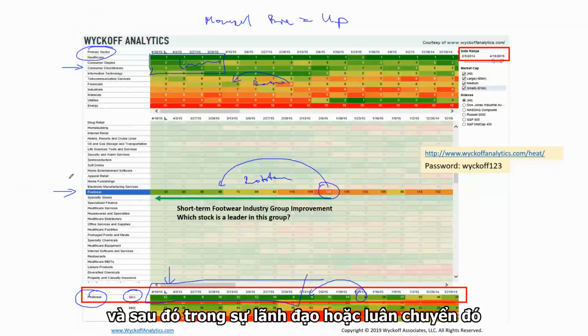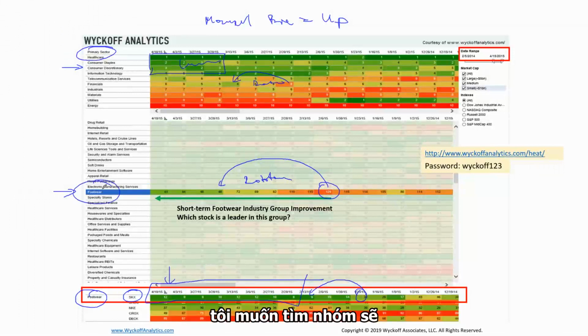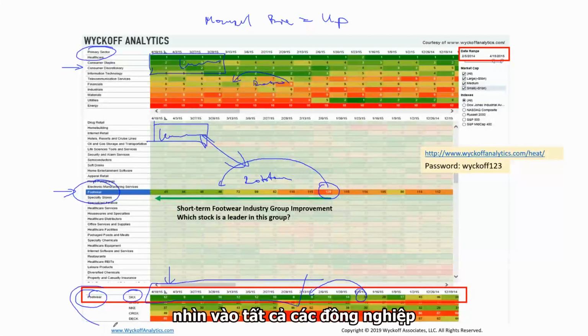And then in that leadership or rotation, I want to find the group that's going to have the same characteristics, either leadership or rotation. Want to look through both of them, and then look at all of the peers, and again, define leadership or define, let's say, a rotation, and look at those charts.